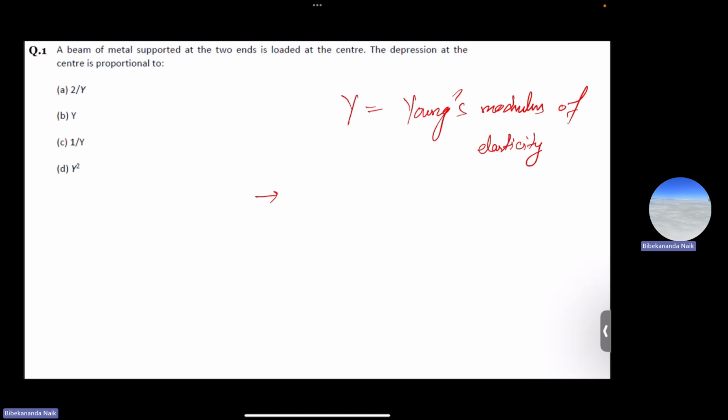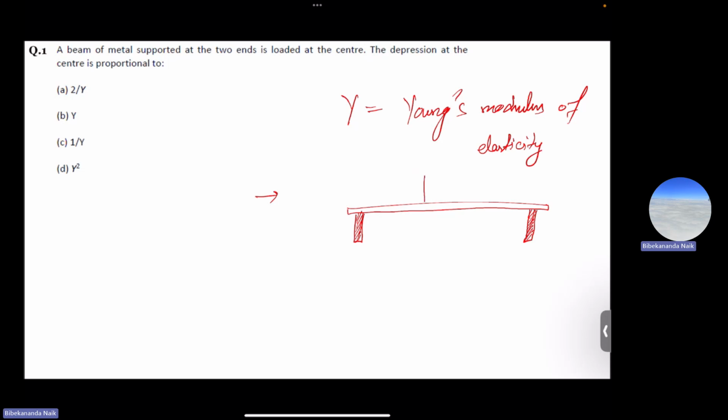There is a metal beam, and this metal beam is supported at the two ends. Suppose these are the supports provided at the two ends, and it is loaded at the center.